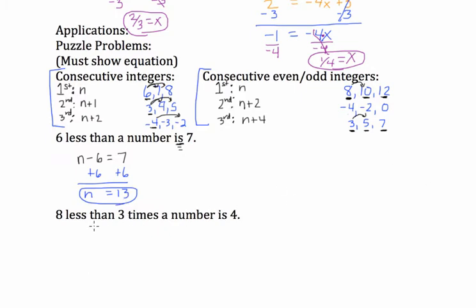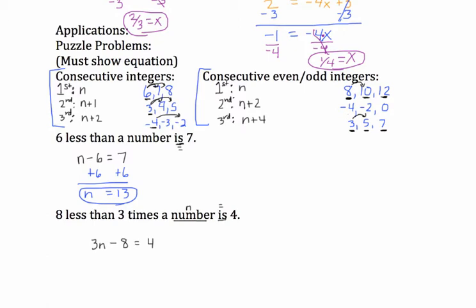Let's do another one. 8 less than 3 times a number is 4. So instead of a number, I'm going to put n, and instead of is, I'm going to put equals. So 8 less than 3 times a number is 4. So I make an algebraic equation out of it.